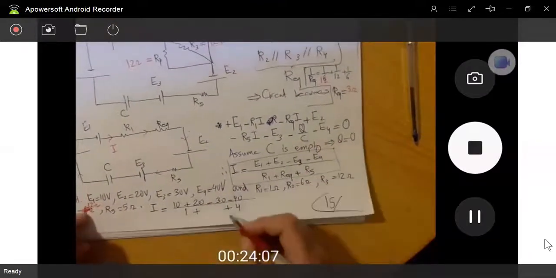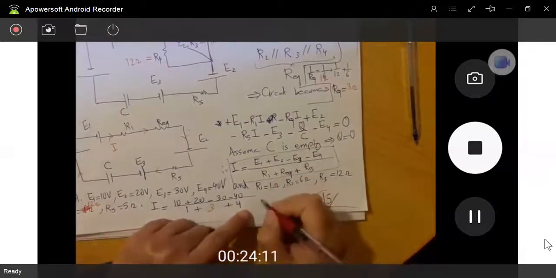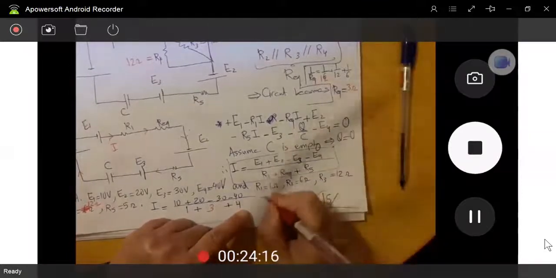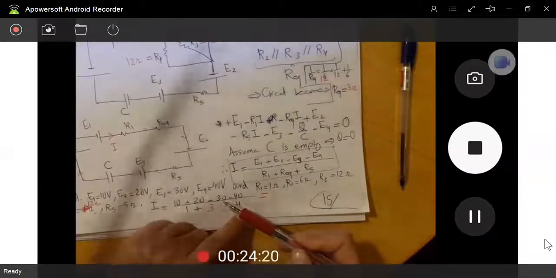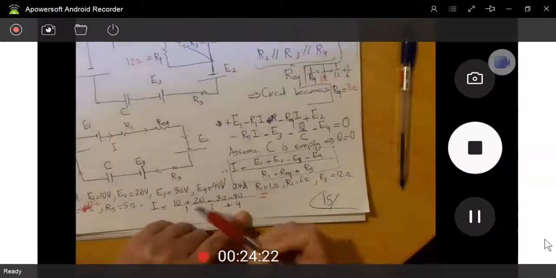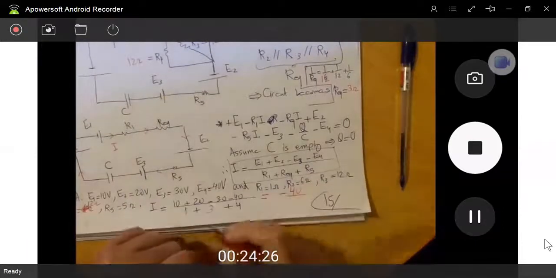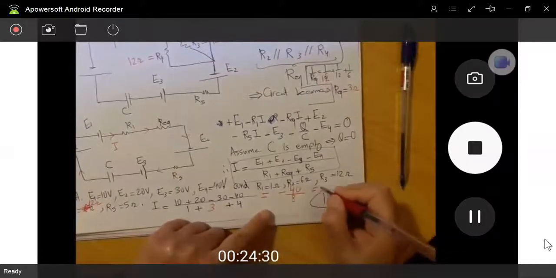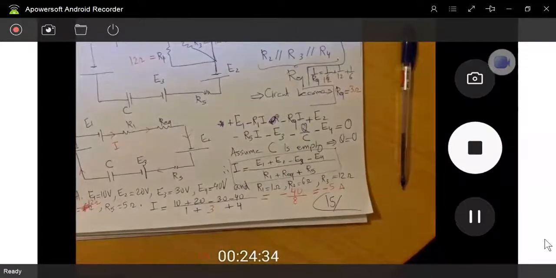So when I substitute here, it's 3 ohms. What's the answer here, ladies and gentlemen? If I continue, we have 10 and 20, minus 30, which is minus 70, and minus 30, so it's minus 40 over 8, which is minus 5 amps. What does it mean?